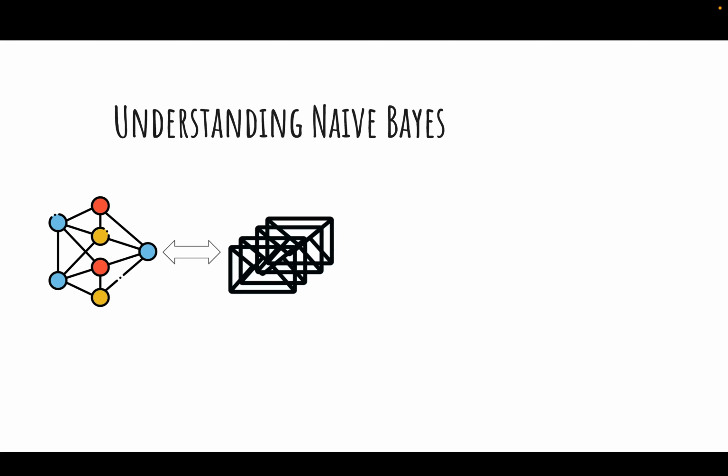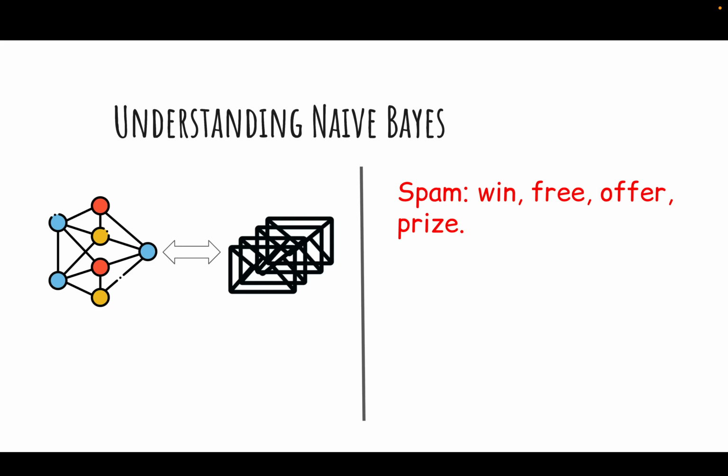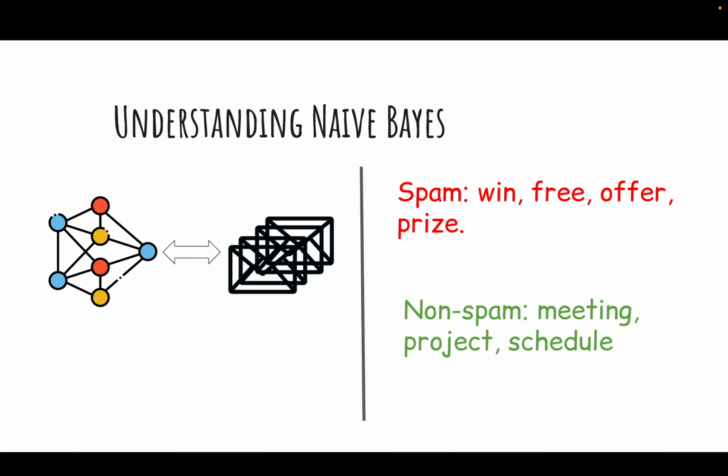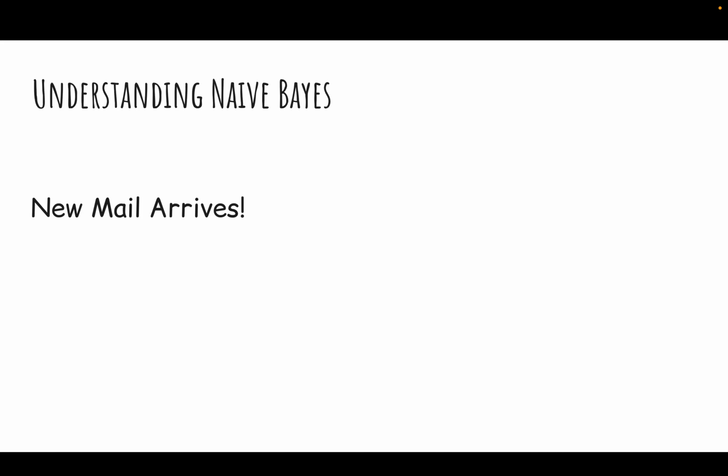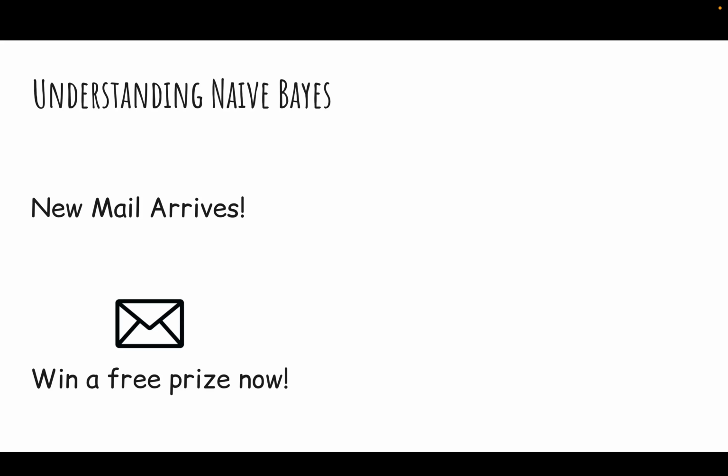Consider you have trained a Naive Bayes algorithm on a bunch of emails and you found some patterns, where the spam mail contains words like win, free, offer and prize. And similarly, you find a pattern for non-spam mails. It contains words like meeting, project and schedule. Now, based on this understanding of spam and non-spam, consider you have a new mail arriving with the words "win a free prize now".